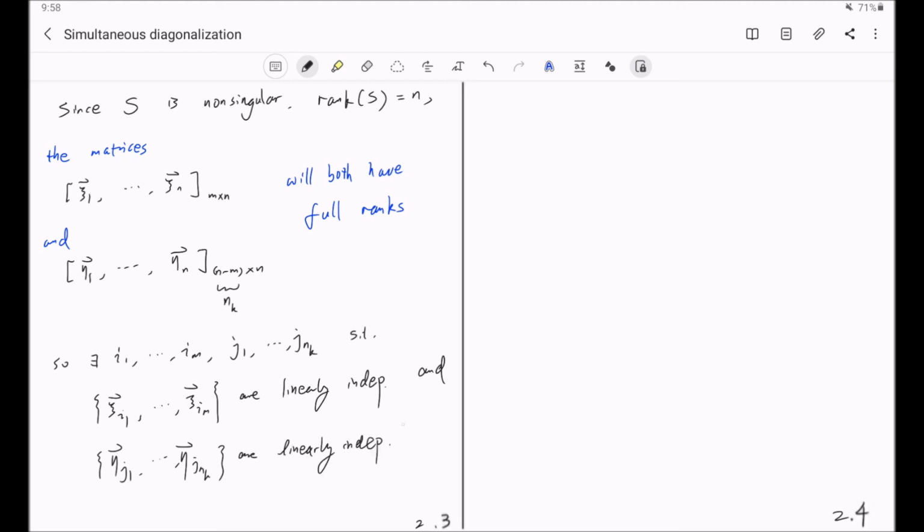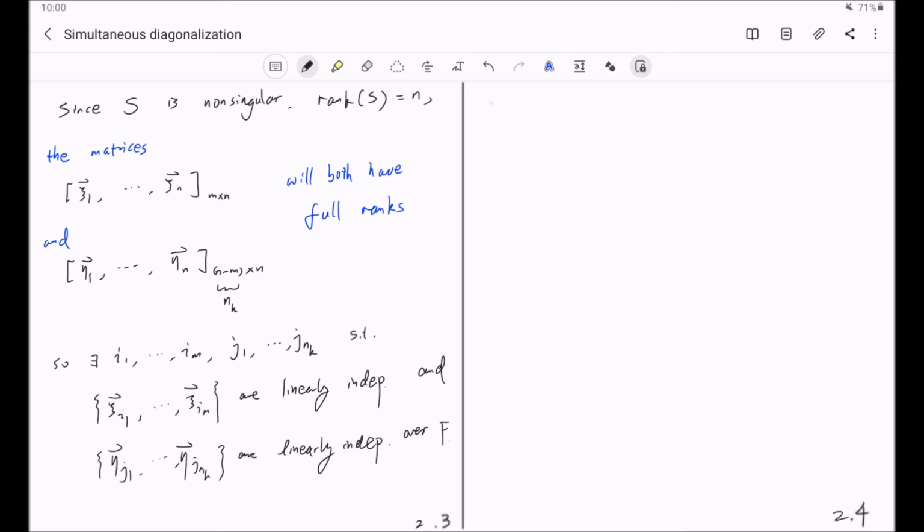And needless to say, over F, this is because if you look at the column spaces of this matrix and this matrix, they will have dimension m and dimension nk respectively. That is why you can find those subsets of column vectors in here.